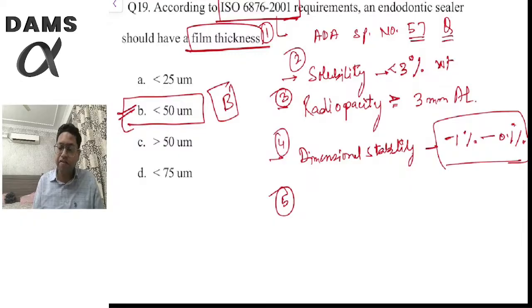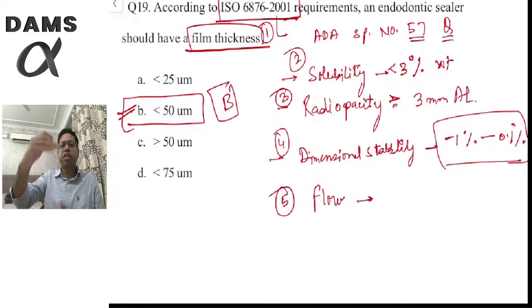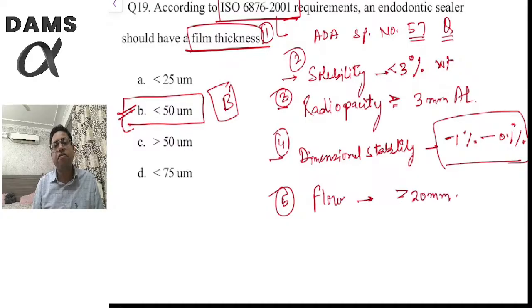And final is flow. The sealer should be fluid enough to flow and cover maximum possible area of the root canal, greater than 20 millimeters on the wall of the root canal. These are the 5 standard requirements for sealers according to ADA specification number 57 and ISO 6876-2001.